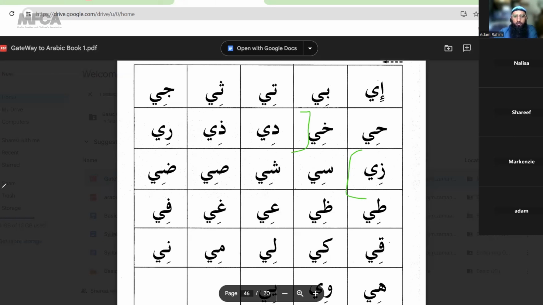Brother Adam, please, the first one after the bracket. Could you circle it, please? So the first one is a dal, then it's a kasra, d. Am I supposed to say the sound it makes?